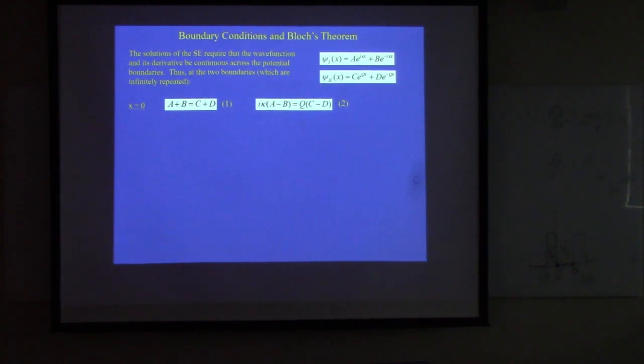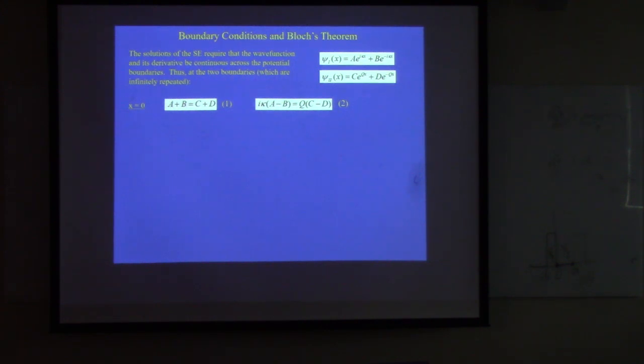In this one, so far we didn't use any Bloch theorem, right? If I want psi 2 at x equals a, that's what we want, what do I get here?